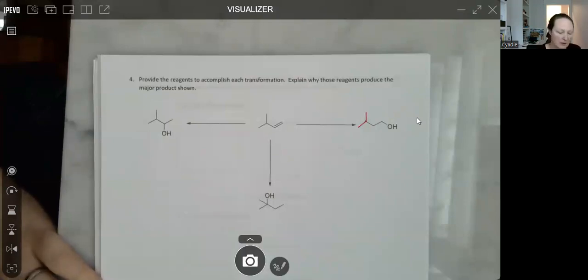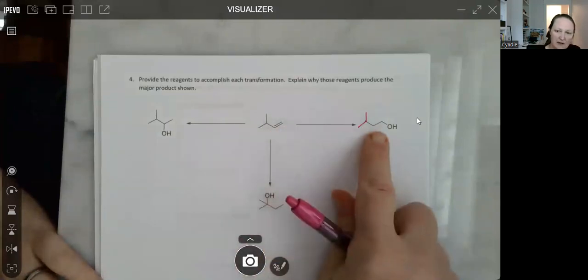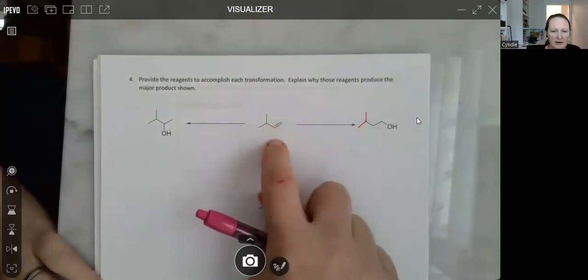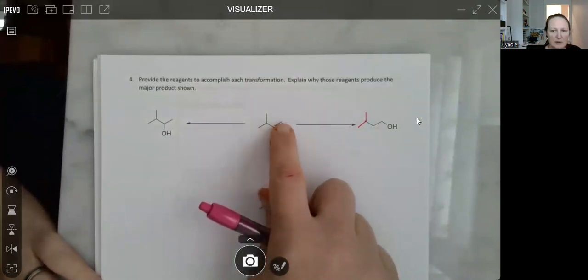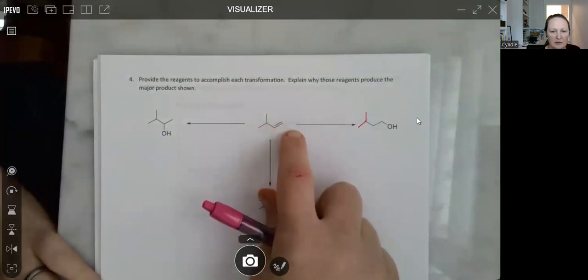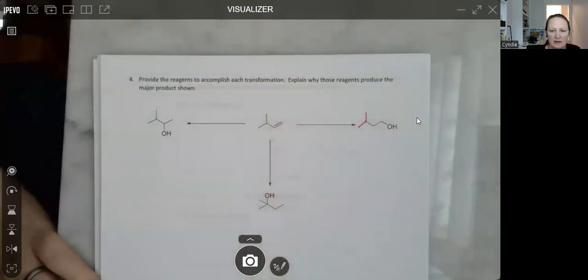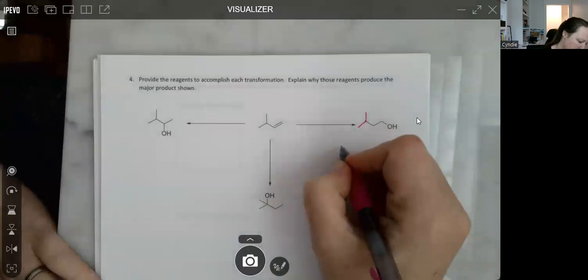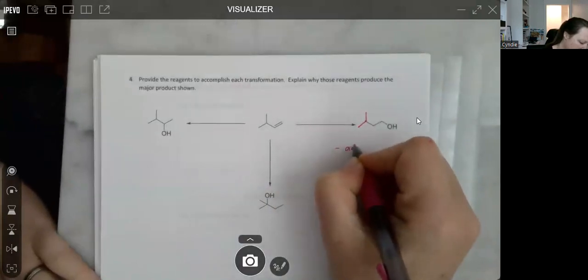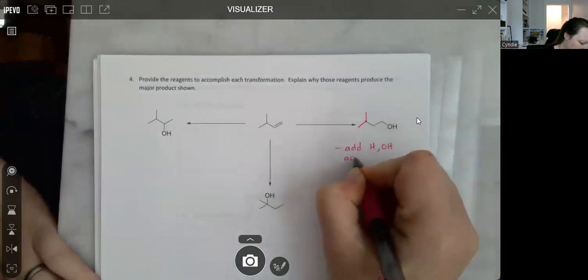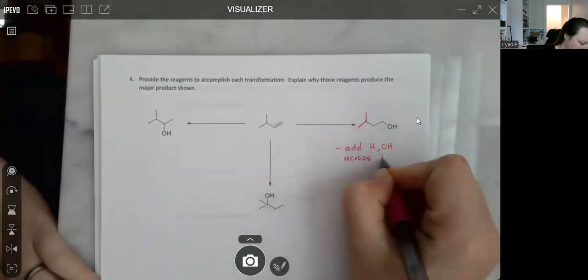Okay, so from here to here, what we want to add across the double bond is a hydrogen here, and at the less substituted carbon, we're going to add an OH. So we're adding a hydrogen and an OH across the double bond. Maybe write some notes: add a hydrogen and OH across the double bond.